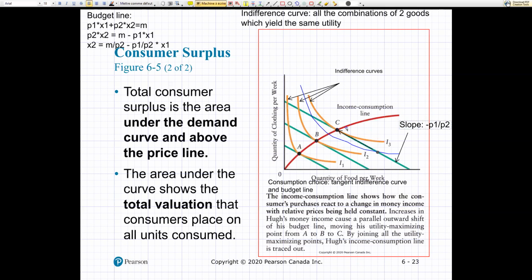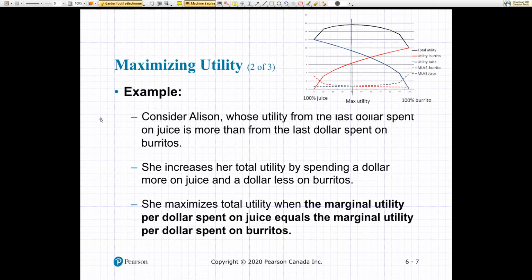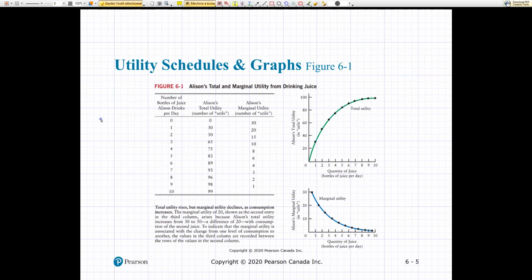So if you increase by 1 unit of good, how is your utility changing? So this is what we were describing here. This is your total utility, and the marginal utility is by how much your total utility increases when you increase the consumption by 1 unit of juice. So here you are consuming 1 bottle, and you go from 1 to 2 bottles.